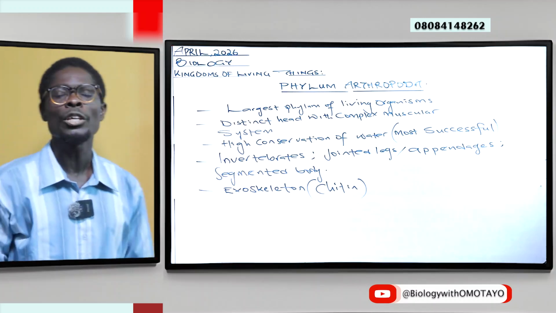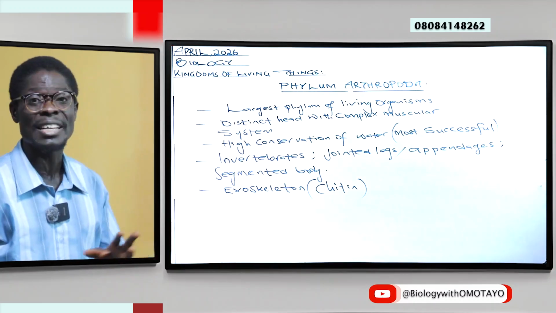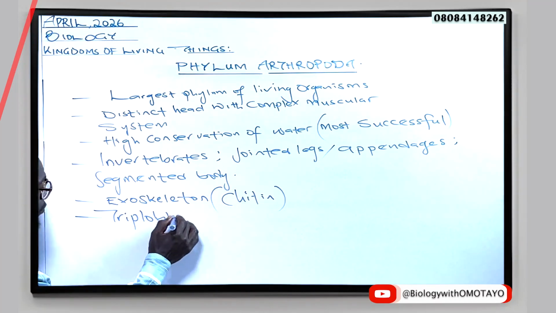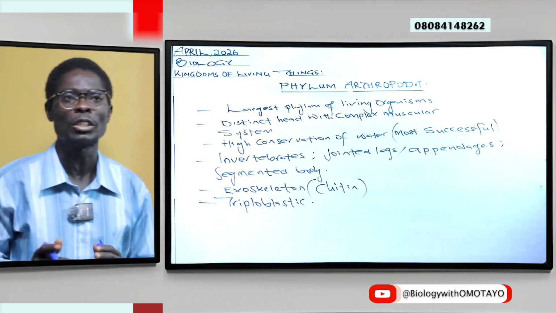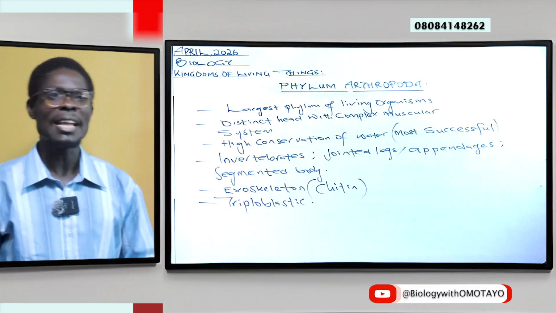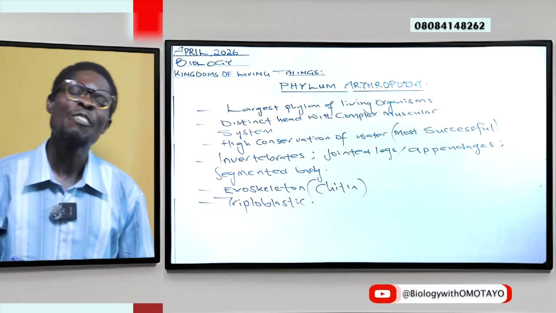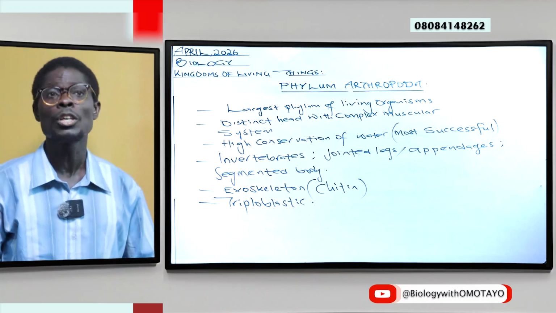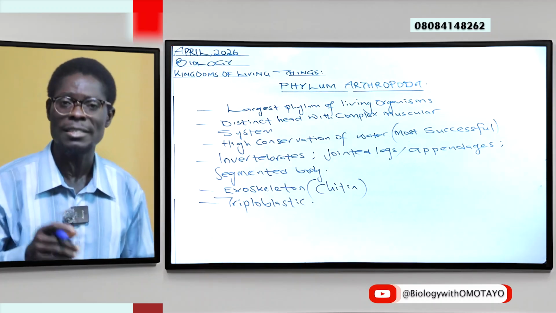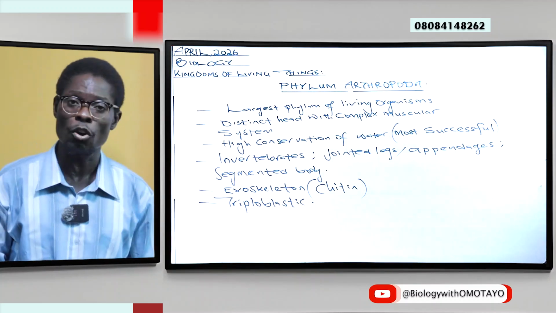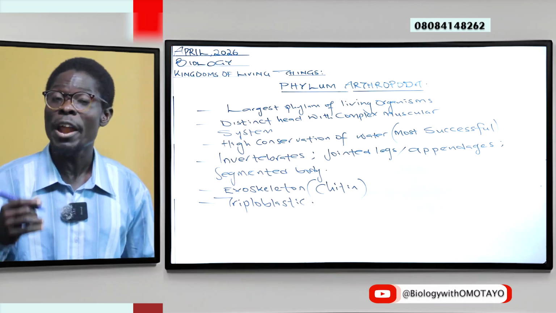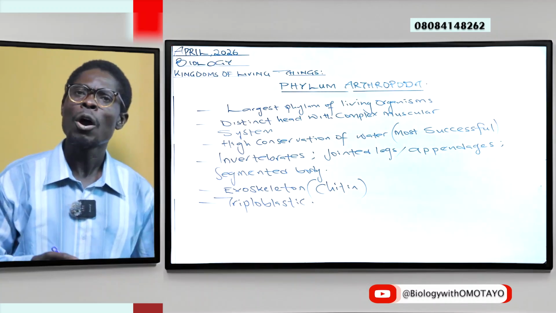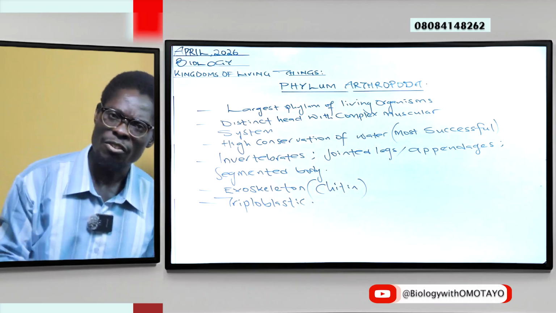Aside from this, we equally have these organisms being regarded as triploblastic organisms. That is, they have 3 body layers. Okay, and then these organisms have various means of respiration. In the course of our study, we'll be looking at about 4 classes under this very phylum, and these various classes have different organs for gaseous exchange and respiration.